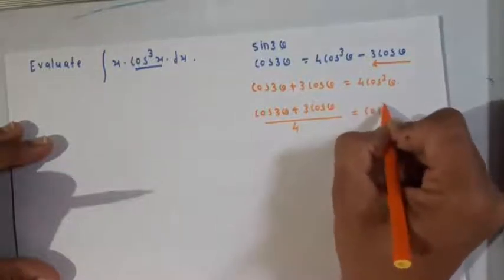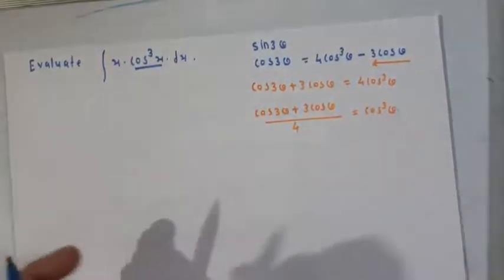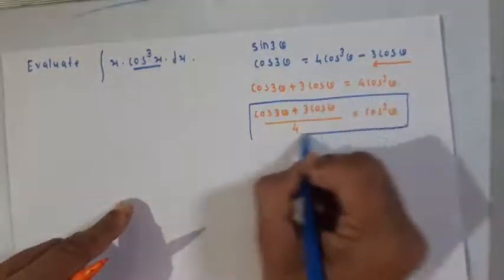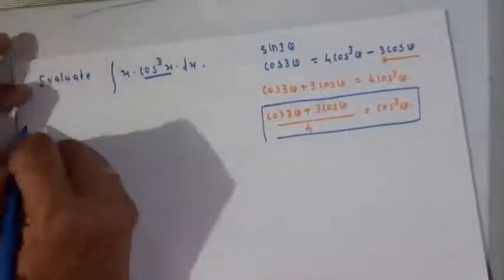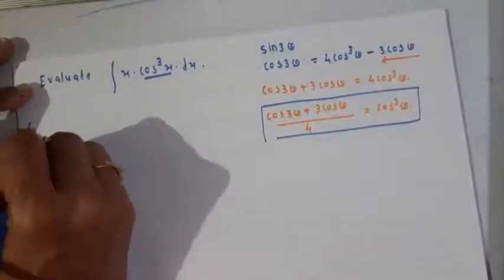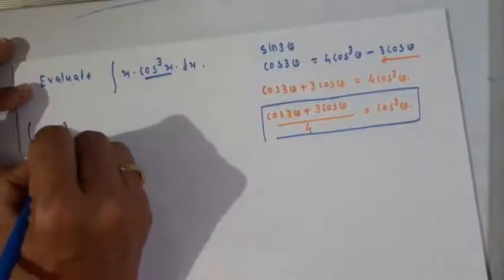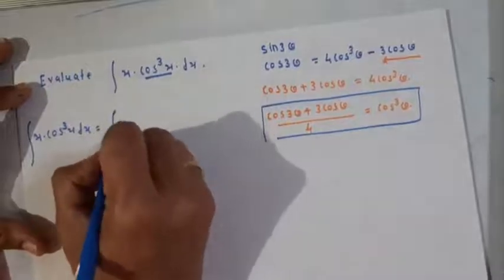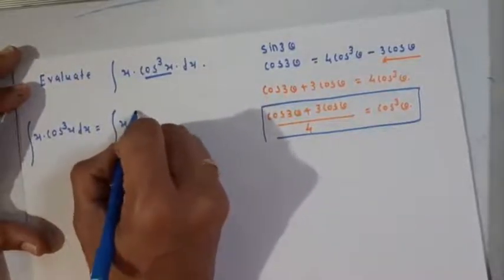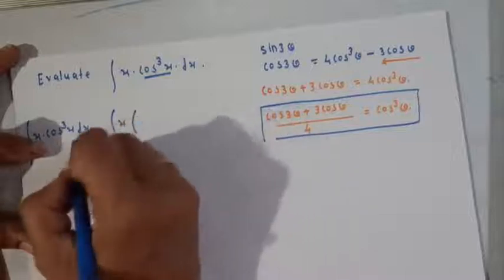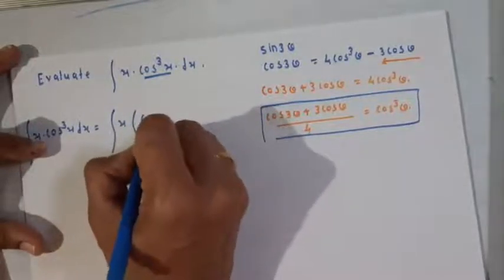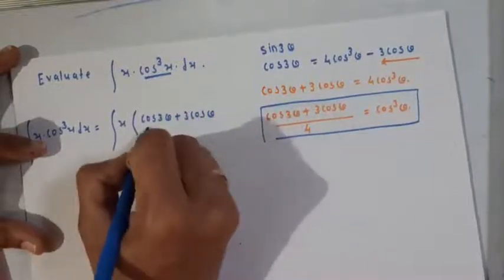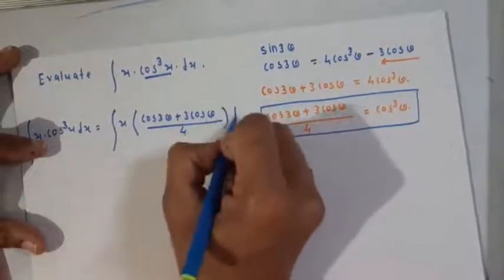Okay students, by using this we can solve the problem. Therefore the integration of x into cos cube x with respect to x equals the integration of x as it is, and then cos cube theta equals cos of 3 theta plus 3 cos theta upon 4, with respect to d theta.